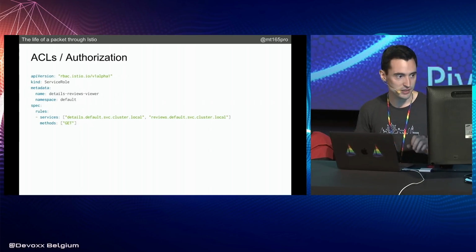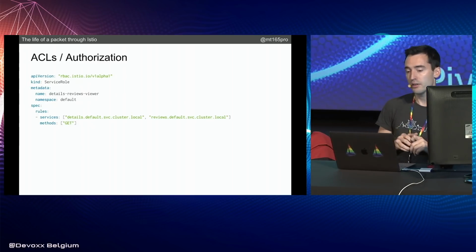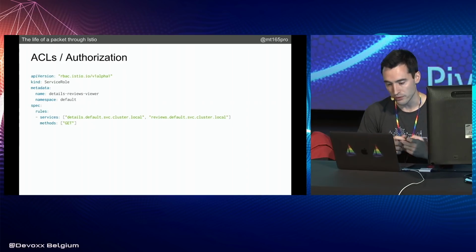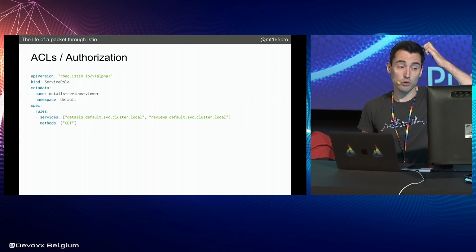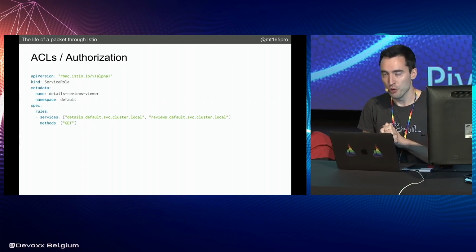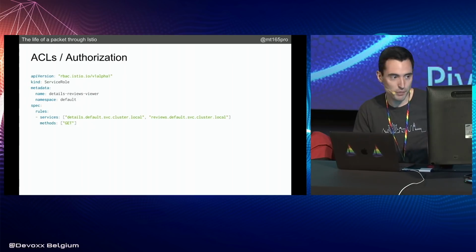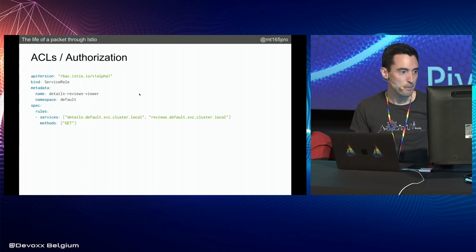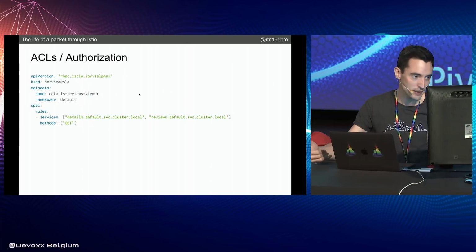The model for that authorization system is RBAC, right? Standard role-based access control that you're probably familiar with. So you make roles that say, yes, you're allowed to call, and then you put things into those roles. They become membership. So kind of same as Kubernetes, you've got a role and a role binding.